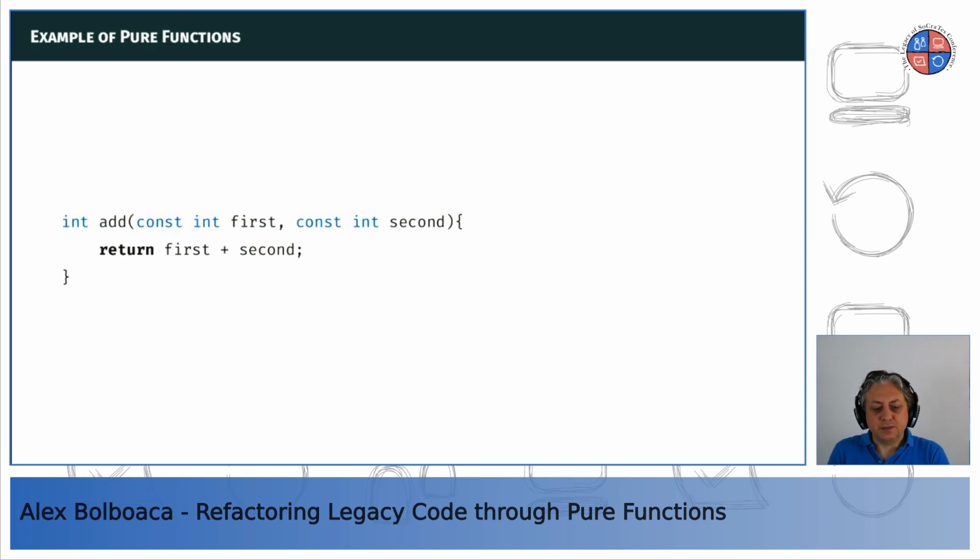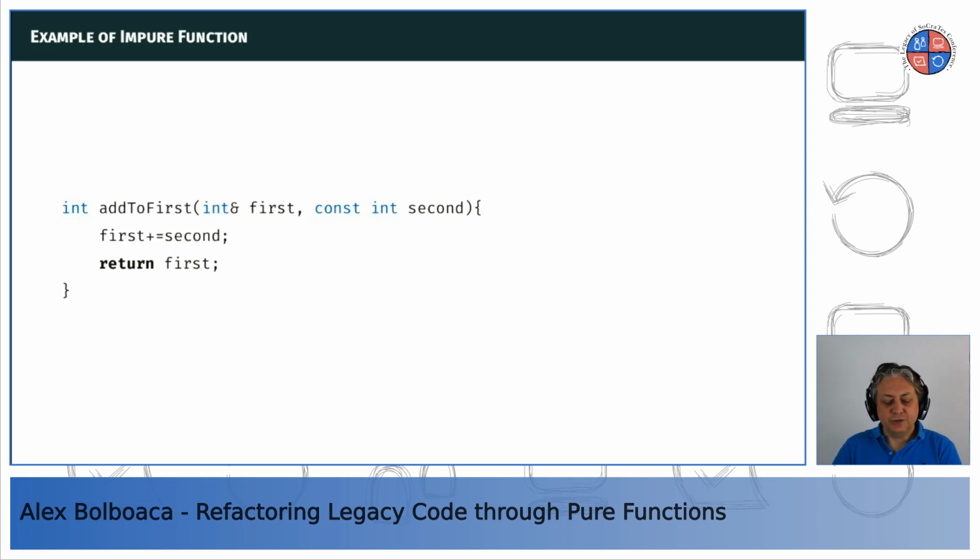Again, this is C++, but the examples are simple. You can probably read them even if you don't know C++. If you don't know C++, one important part is the const in front of the parameter that says that you cannot change the parameter inside the function. So what this does is fairly simple. It receives two integers, it returns an integer, it does not change any parameter, it does not depend on the existing state, it just gets values, returns values.